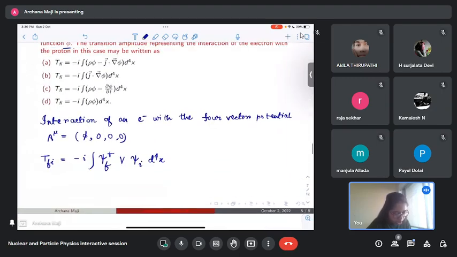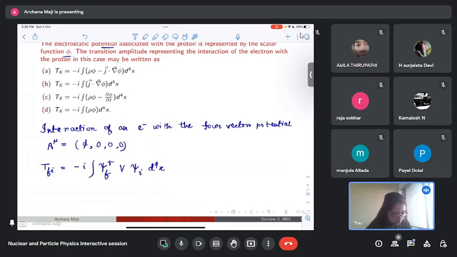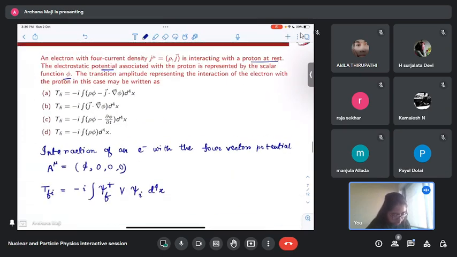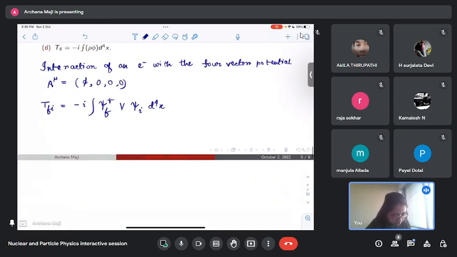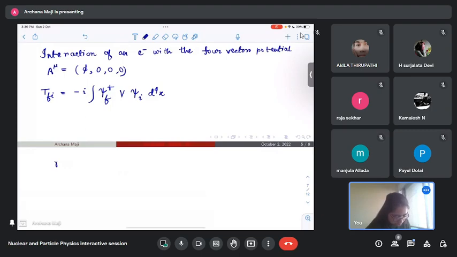So if you remember what v was, this expression of v, this is for an electron which satisfies the Dirac equation, but we will use the other form: I gamma mu del mu minus m psi is equal to 0.